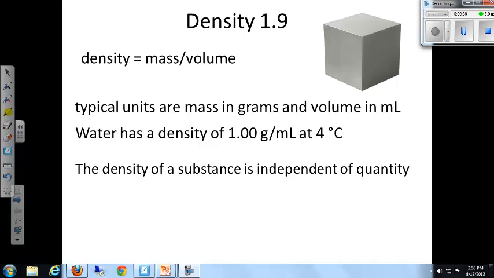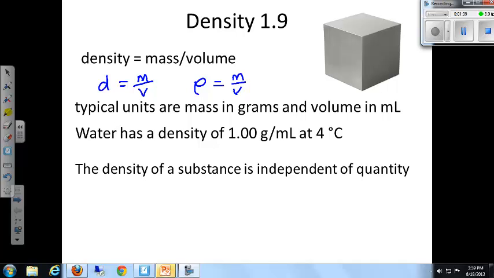So density is equal to mass per volume. The mass of something divided by its volume. It could be gas, liquid, or solid. Doesn't really matter. So usually we can use the first letter of each of these, since they're all different, and D is equal to M over V. Sometimes you see rho, which looks kind of like a P, equal to M over V. So it depends if you're Roman or Greek.